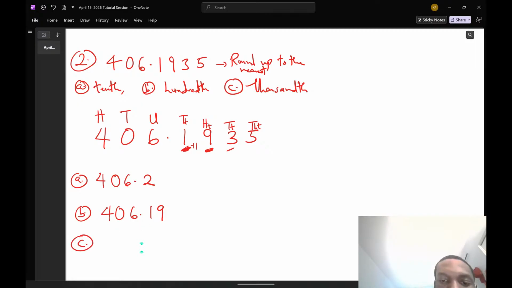This is the center of focus now. We have 5 right behind 3, so we're going to add a plus 1 to 3, because when you have numbers ranging from 5 to 9, you add plus 1 to the number right before it. So this will be 406.194.